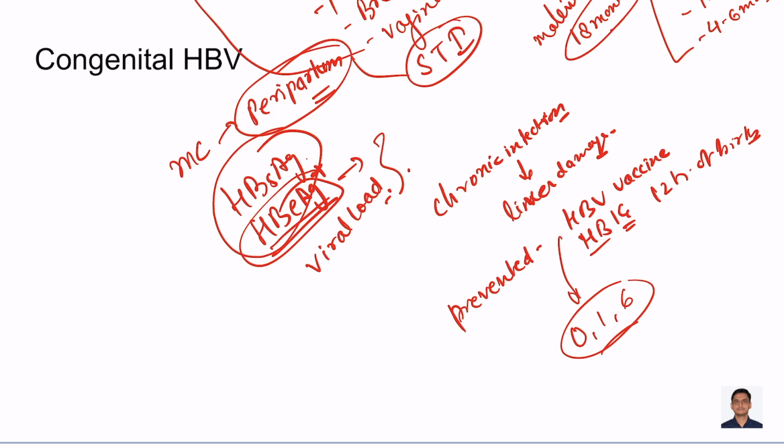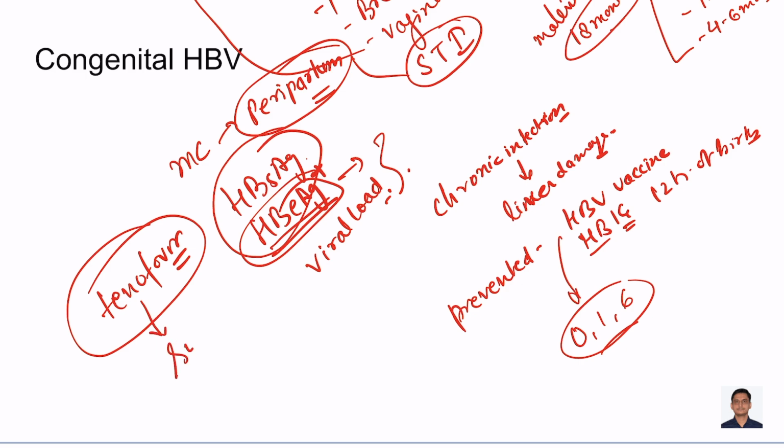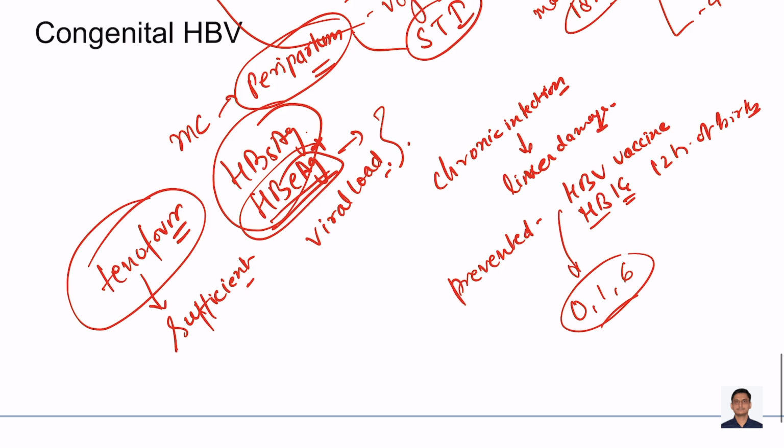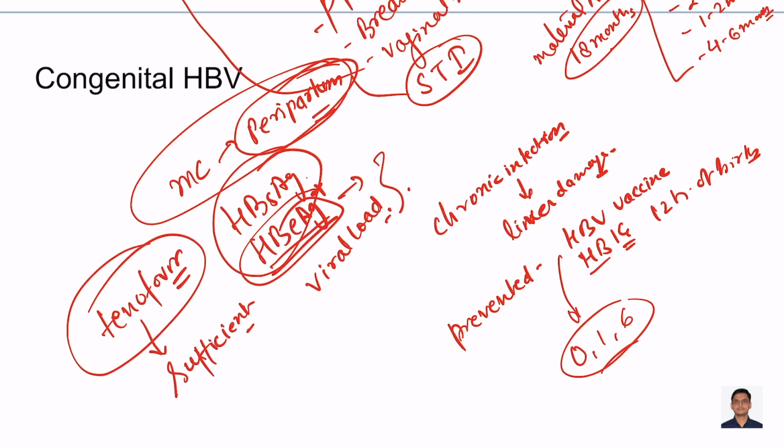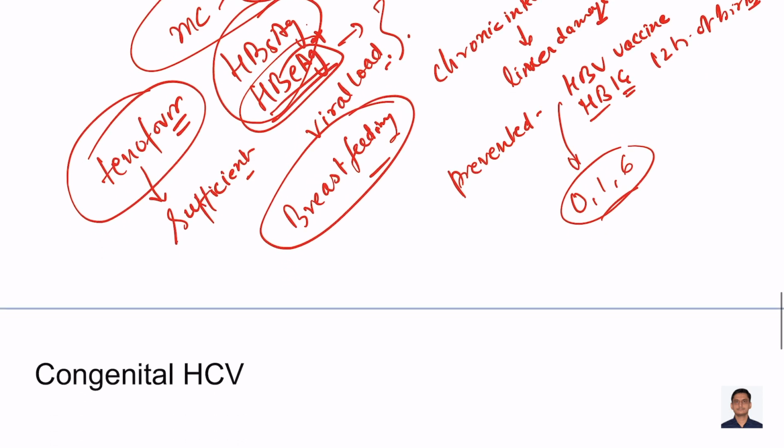C-section is not routinely needed in these cases. However, maternal antiviral therapy should be started with tenofovir, which is sufficient to prevent transmission to the fetus, because it mainly occurs during the peripartum period. Last thing in congenital HBV infection is that it cannot be transmitted by breastfeeding. So there is no need for formula feeds in these babies.